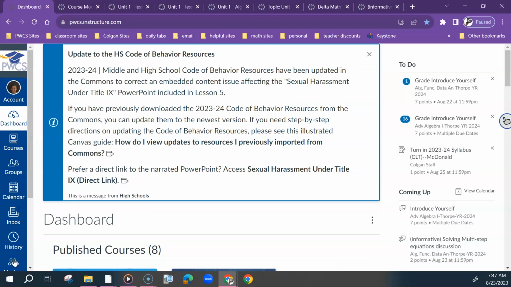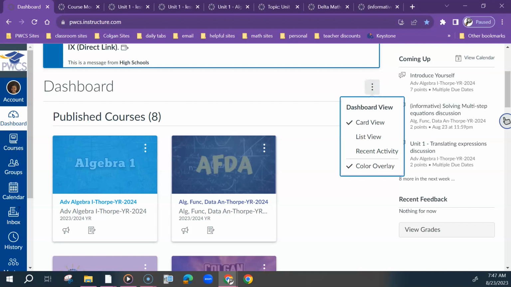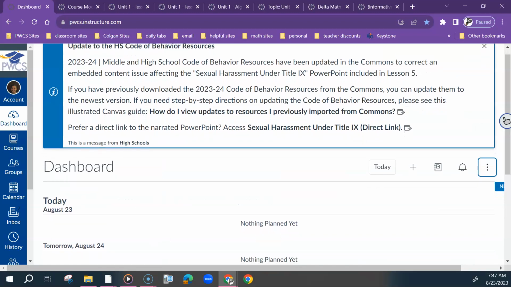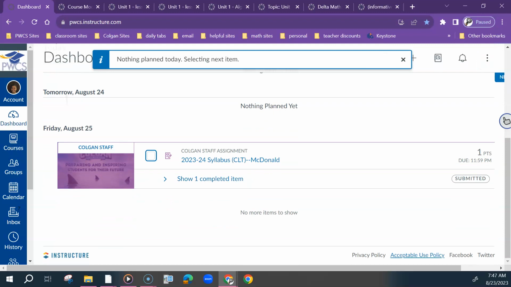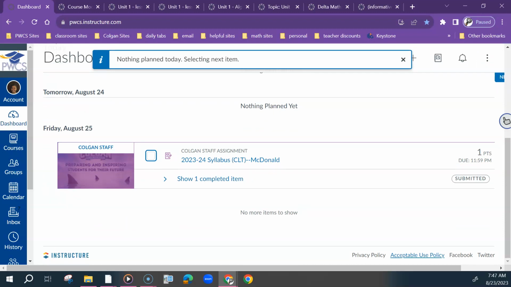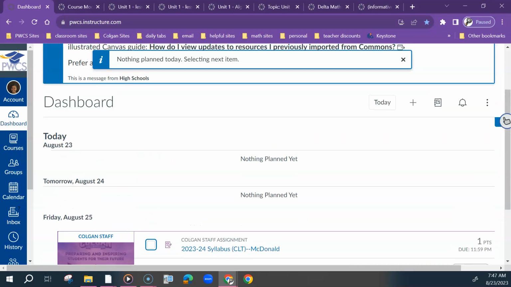Just in case you did not see this before, if you click on the 3 dots, you can change the view from card view to list view. When you change it to list view, this is mine, but you'll see any upcoming assignments for every day.